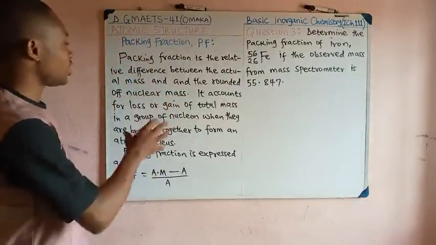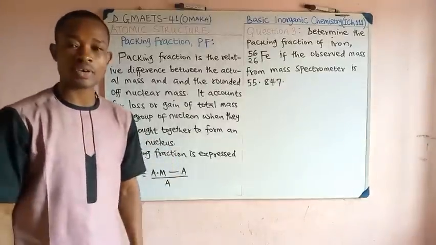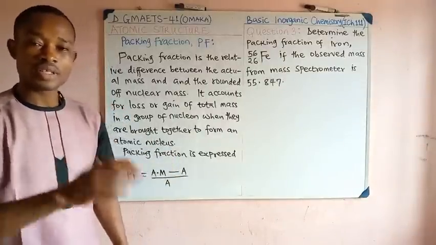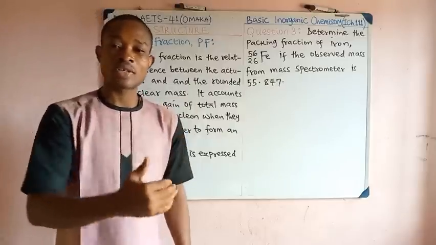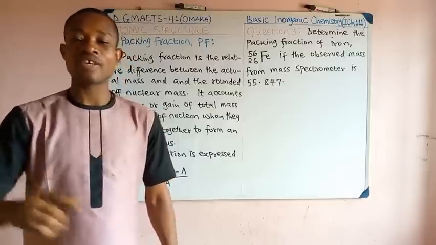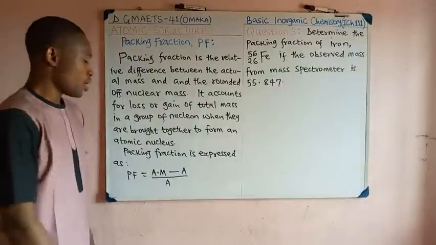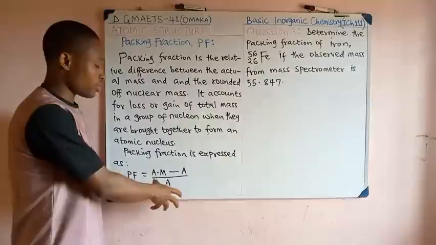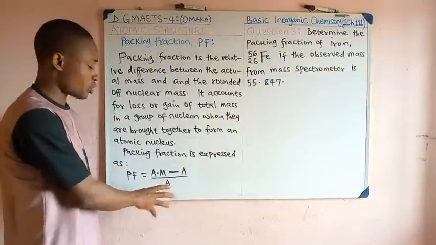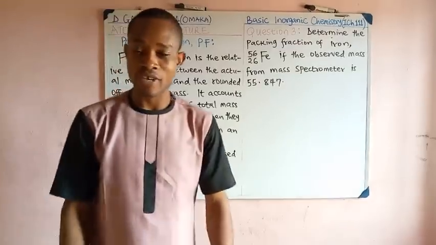Mathematically, we can define it as a relative difference between the actual mass and the rounded off nuclear mass. It's going to be actual mass minus rounded off mass divided by rounded off mass, because we're talking about a relative difference. In terms of the formula, the packing fraction can be expressed as what you see on the board here. That's the formula which, of course, you're expected to have at heart.